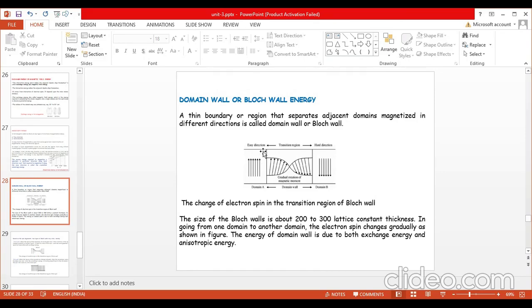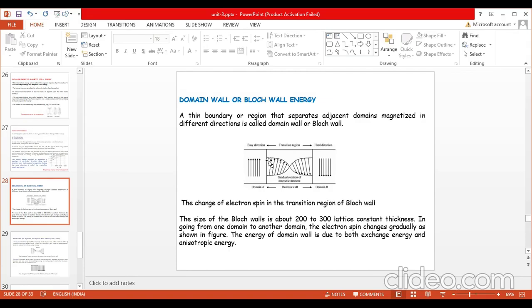See, when we are moving from easy direction to hard direction or hard direction to easy direction, the domain directions change in a particular alignment. We can see the transition zone. In an easy direction, if these domains are aligned in the upward direction, when we are moving towards the hard direction in a crystal system, see the arrow mark slowly.